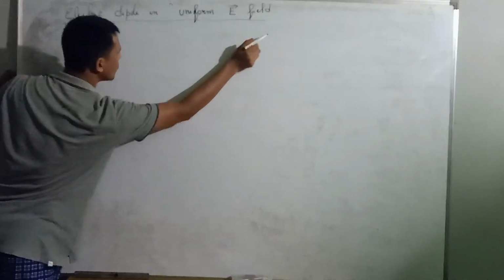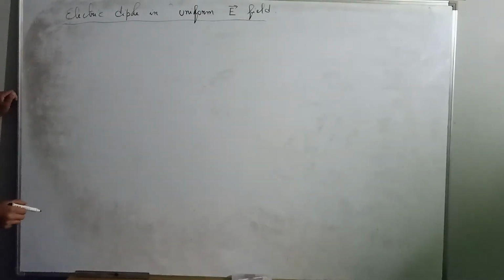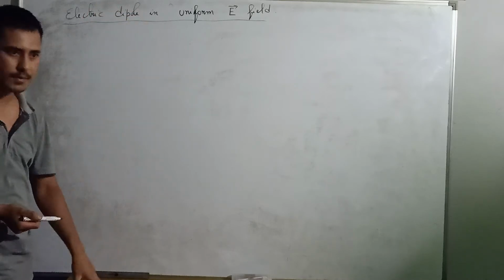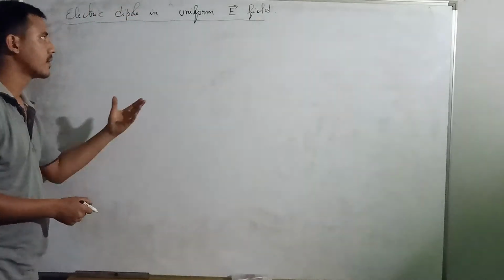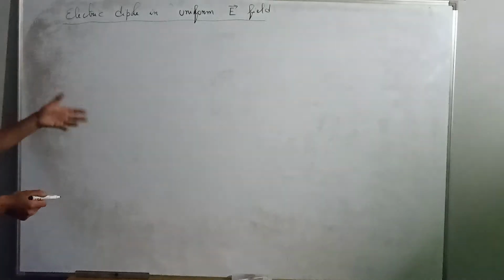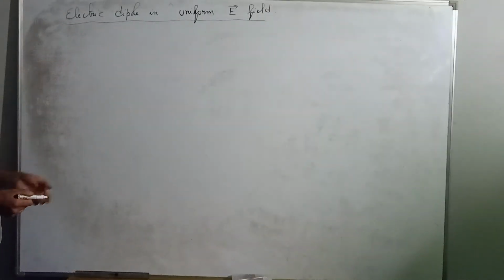In the last video, we have seen some of the properties of electric field lines. There we have discussed what is a uniform electric field and how the electric field lines look in a uniform electric field, right?